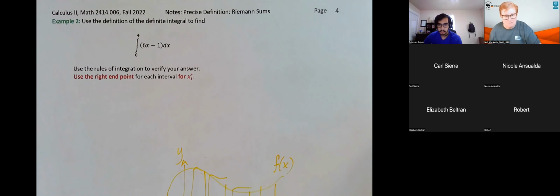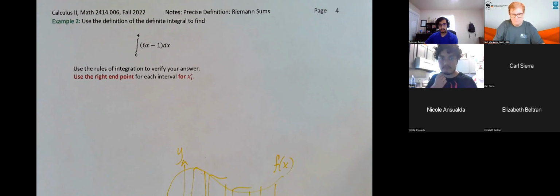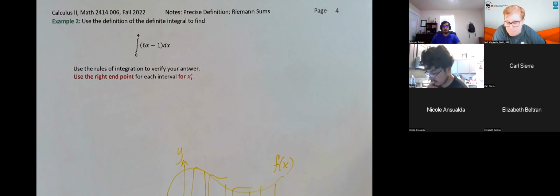I have the integral of 6x minus 1 dx, and then I have 6x dx minus 1 dx. And then I have 3x squared minus x, and then the 4 and the 0.